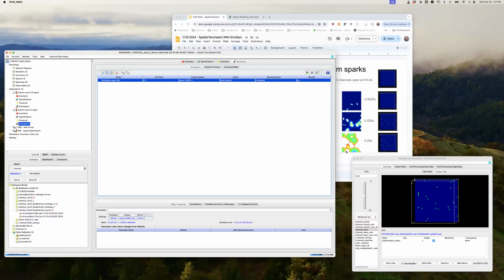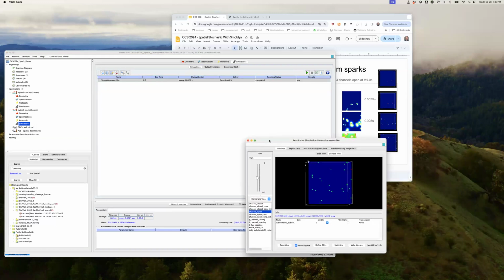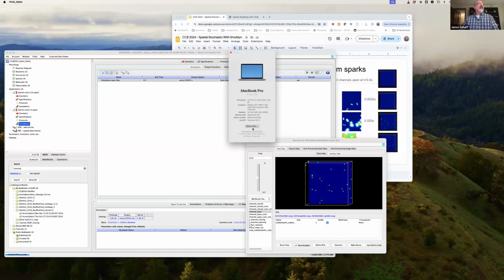Jim? Yeah. I don't know if it's just me, but you've got very tiny text. I wonder if you could increase the size of your text or decrease the resolution on your screen or something. I could decrease the resolution on my screen. You need to do that with settings, I think.